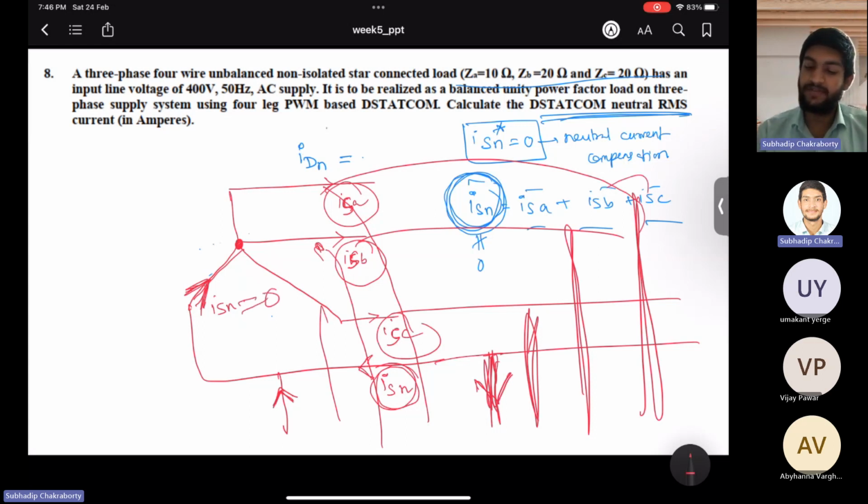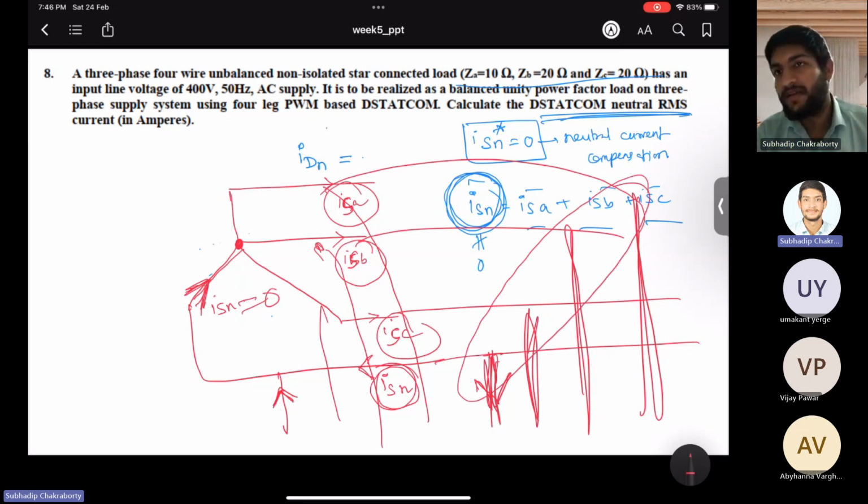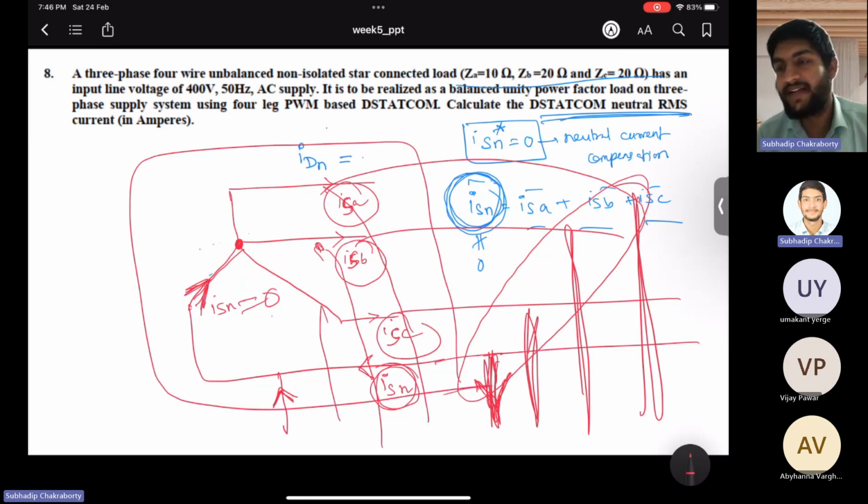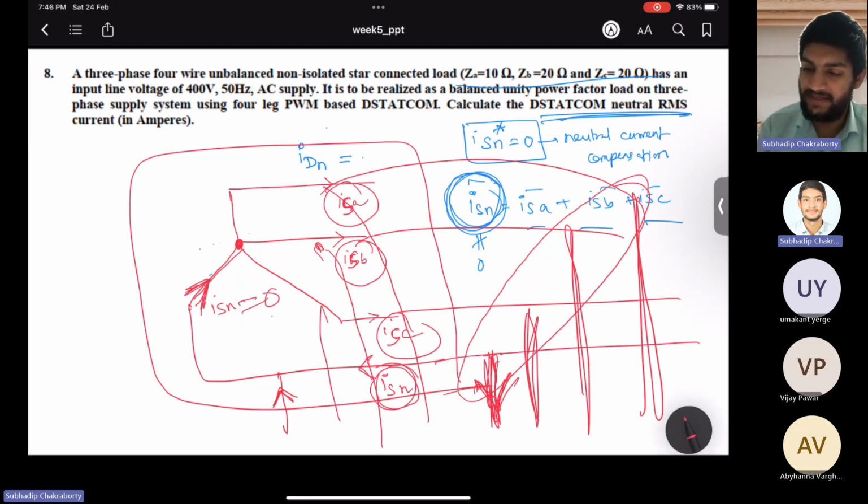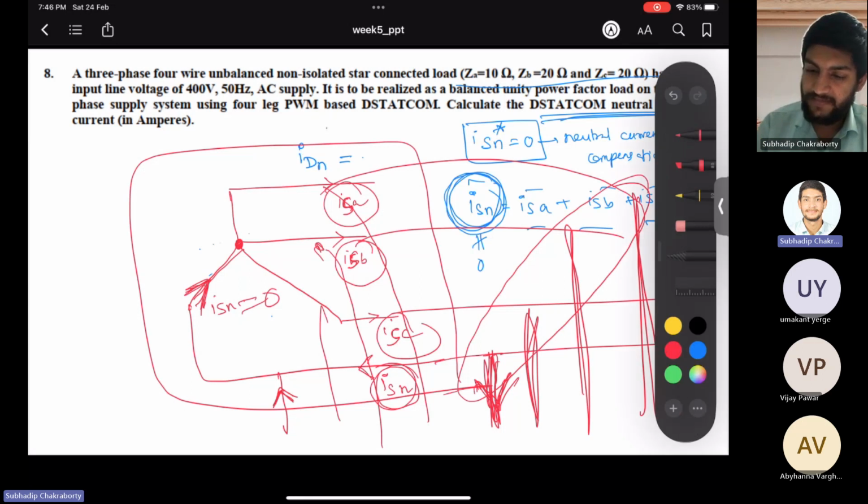So it depends at which point you connect the DSTATCOM, so that during returning, that current flows into the shunt path. On the supply side, you never connect the DSTATCOM. You connect the DSTATCOM at the load side, so that during the return path, the current gets a shunt path of the DSTATCOM and it can provide the compensation. Hope it is clear, right? So you understood up to this.